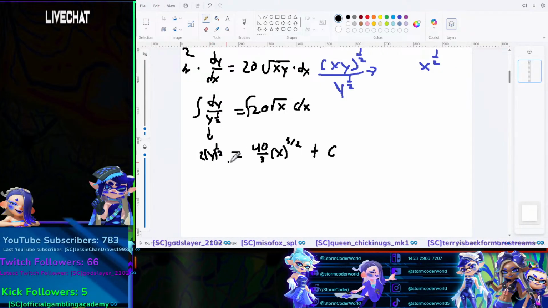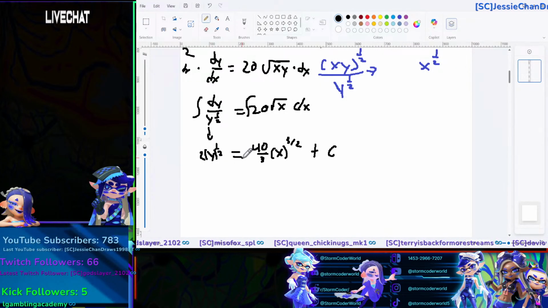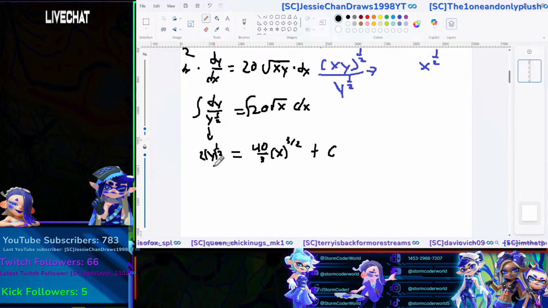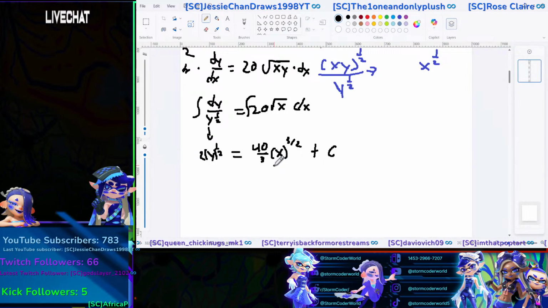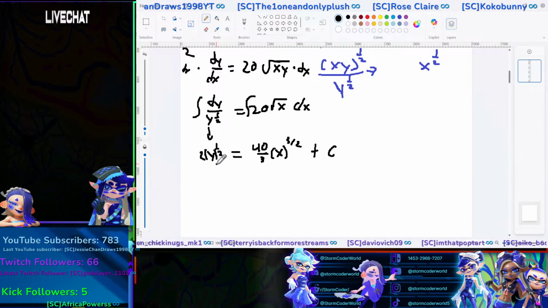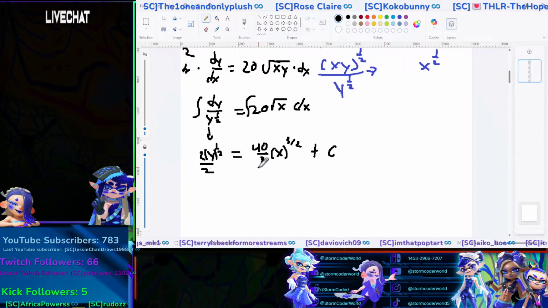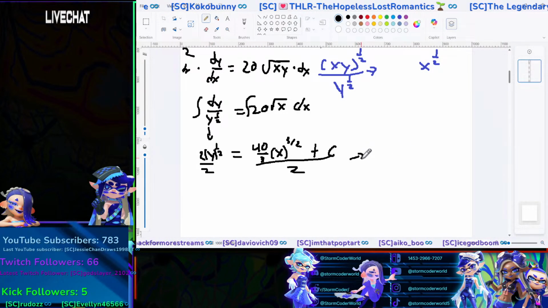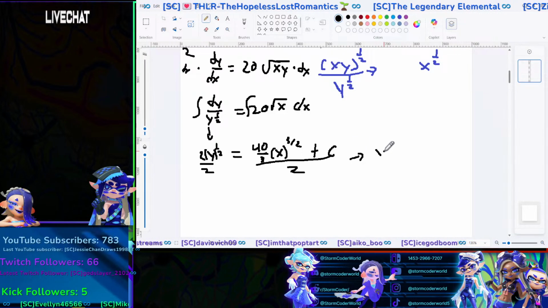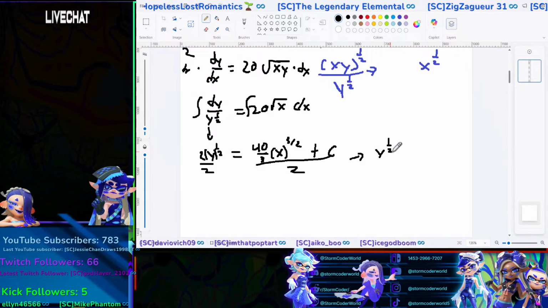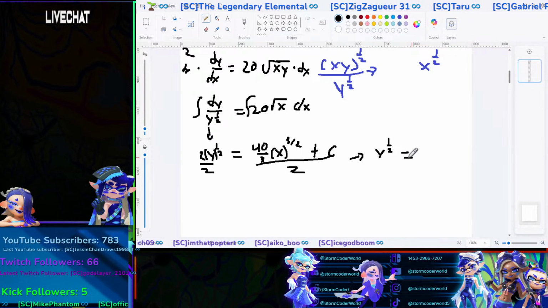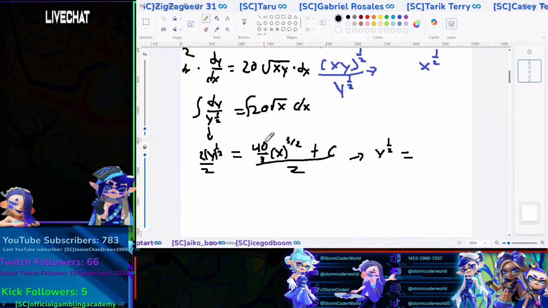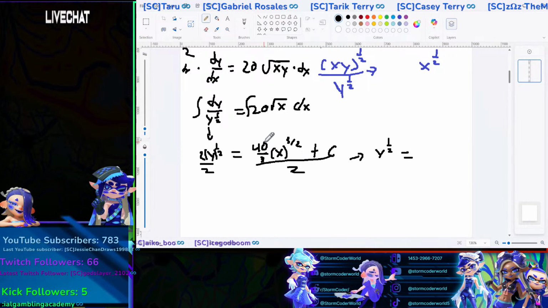Okay, so now from what I have so far, I would need to divide the 2 over, and then square both sides. So I'll actually do that now. Divide by 2, and then I can condense this over here. So I have y to the 1/2 is equal to, in this case, 40 over 6, which I believe simplifies to 20 over 3.